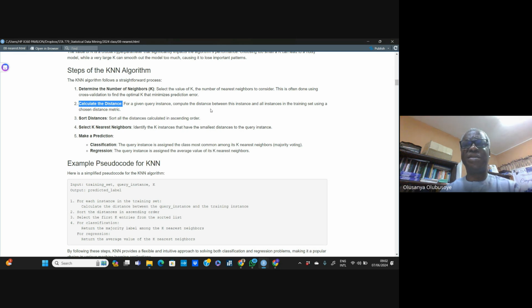Then you need to calculate the distance of each point from the one you want to classify. So distance calculation follows after K is determined. And then you have to sort the distances from the smallest to the highest, because you are interested in the smallest. Then you will select the nearest neighbors based on the smallest distances that you have calculated.